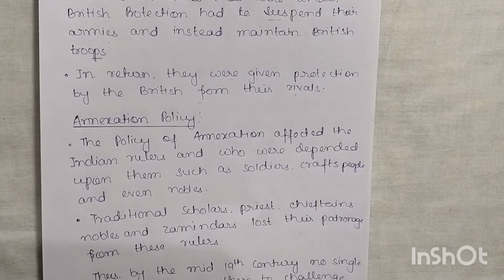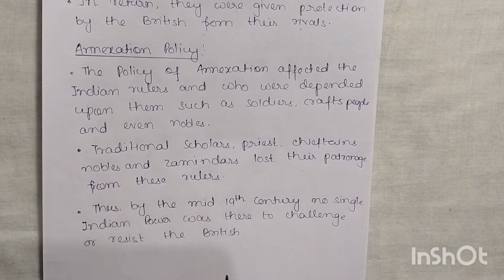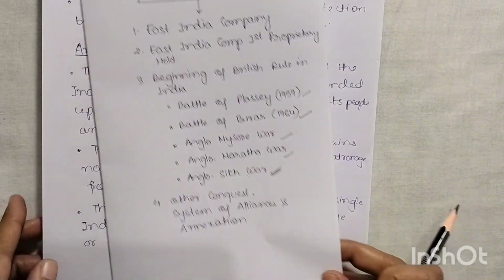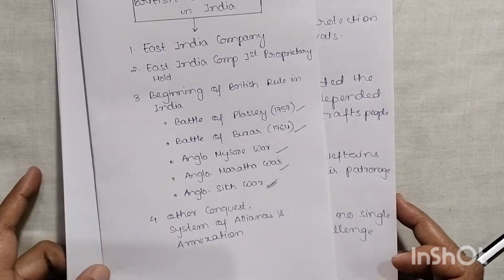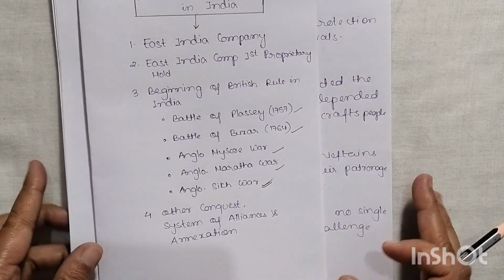Thus, by the mid-19th century, no single Indian power was there to challenge or resist the British. So in this way, what happened? British colonialism in India took root, and the Britishers annexed and occupied the whole of the Indian states.